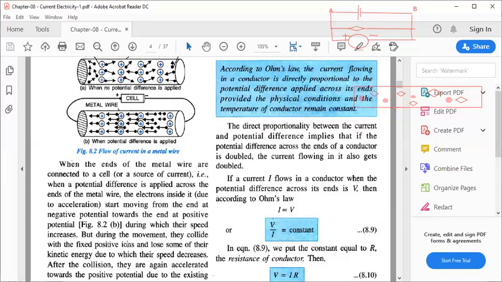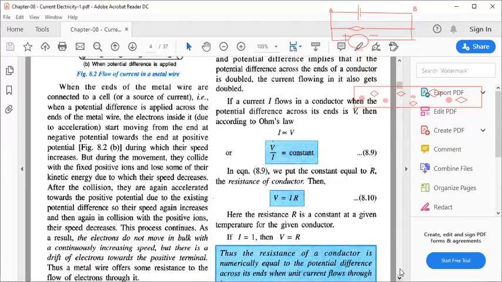But during the movement, they collide with the fixed positive ions and lose some of their kinetic energy, due to which speed decreases. After the collision, they are again accelerated towards the positive potential due to the existing potential difference, so their speed increases. Then again, in collision with the positive ions, their speed decreases. This process continues.